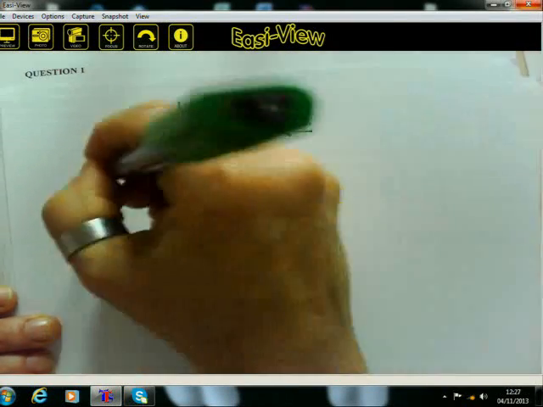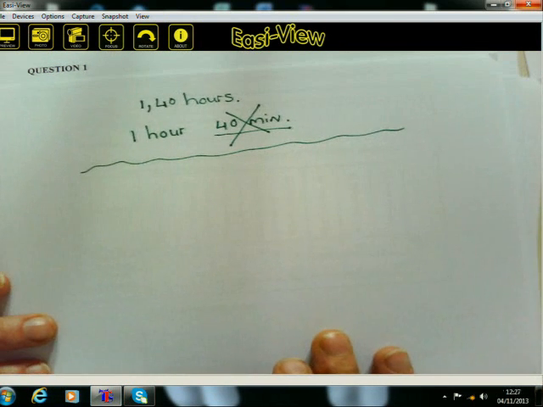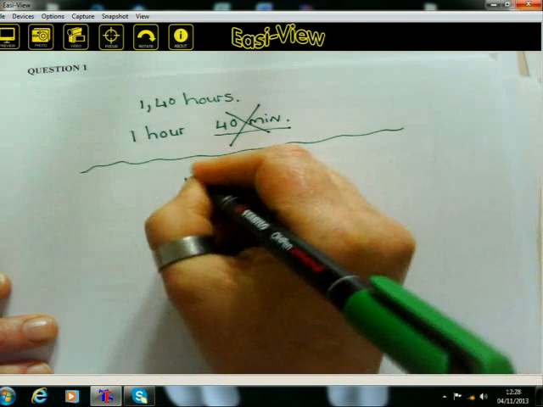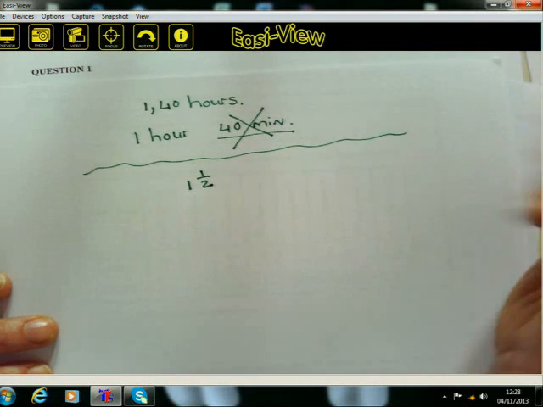Okay, let me try to explain it for you by first of all taking an easier example. Say for instance, I tell you it takes me 1.5 hours to get to your school. You know that a half can also be written as 0.5.